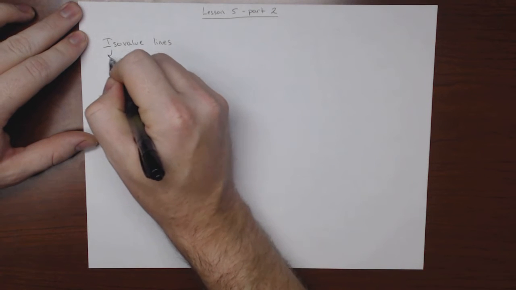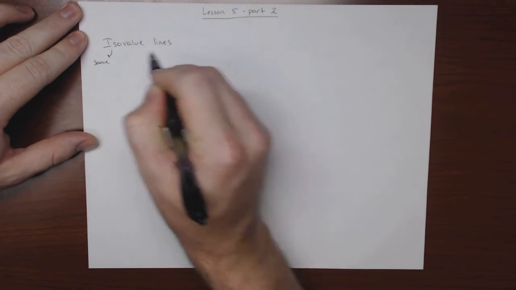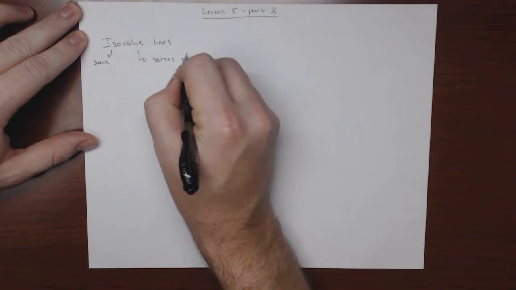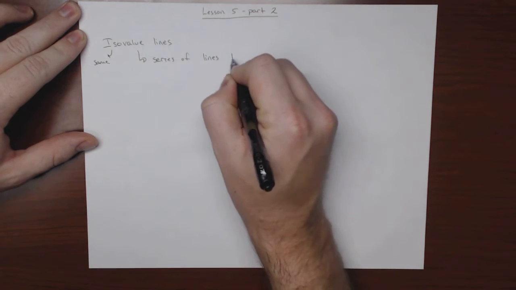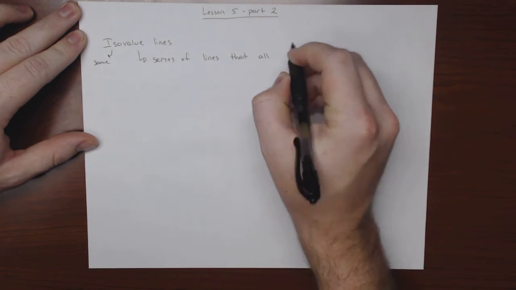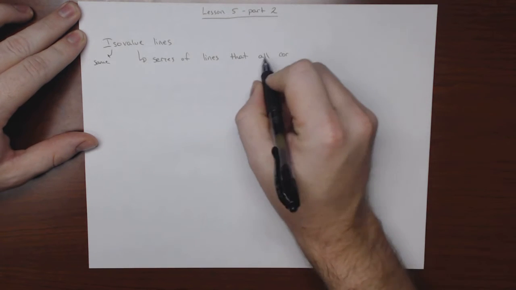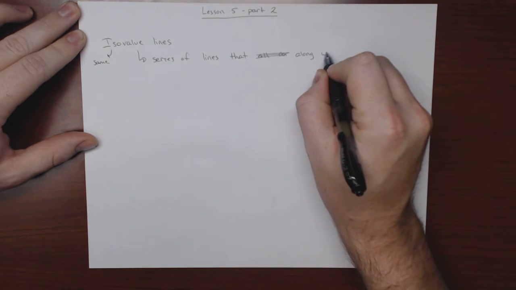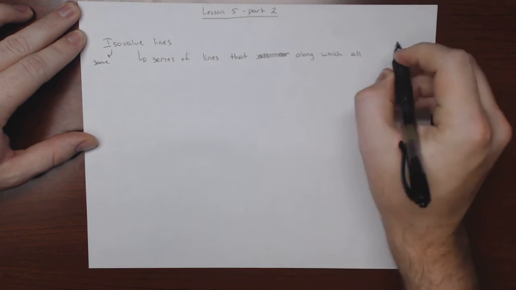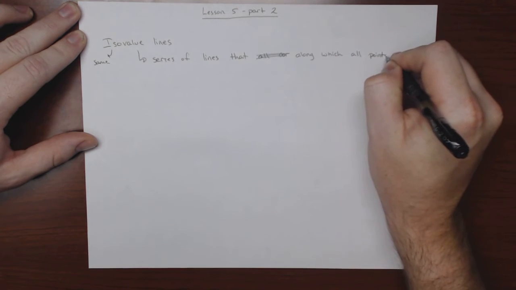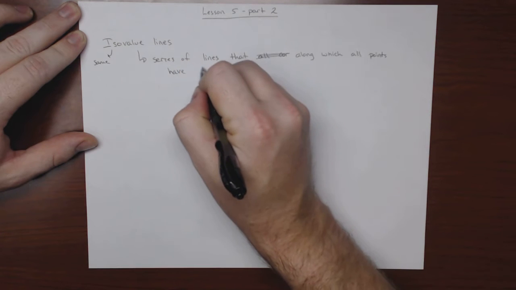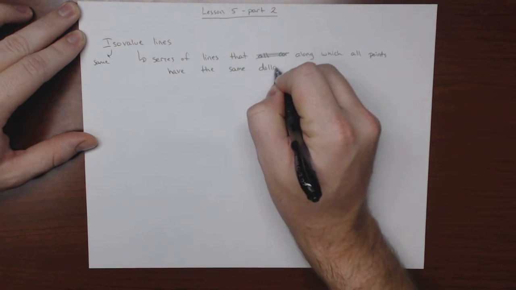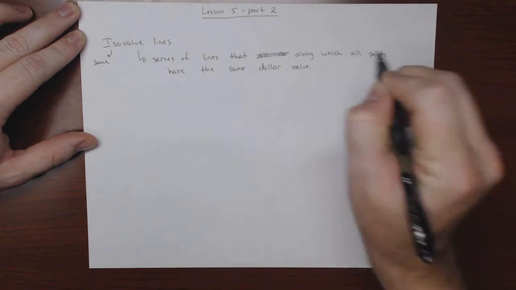or a Greek root for same, right? So what it is, is a series of lines along which all points have the same dollar value.